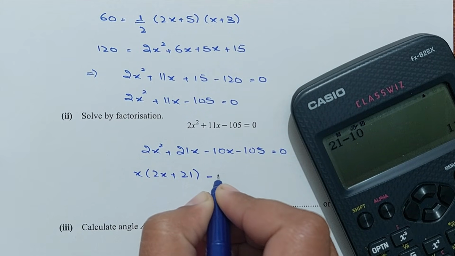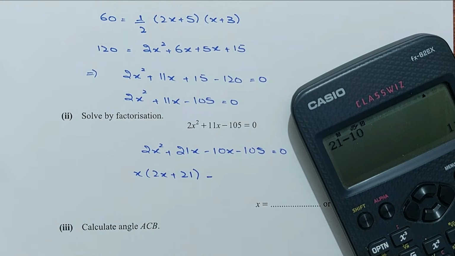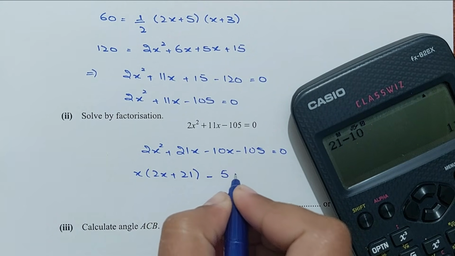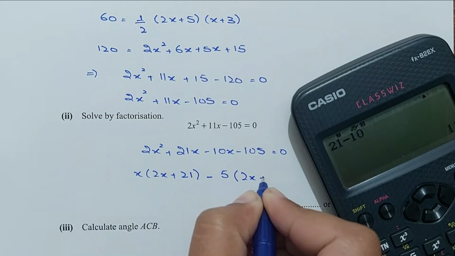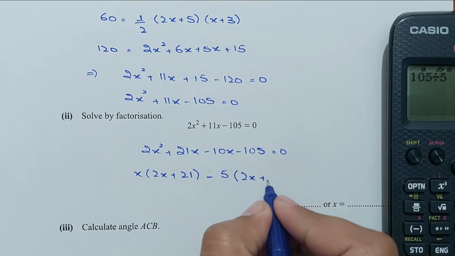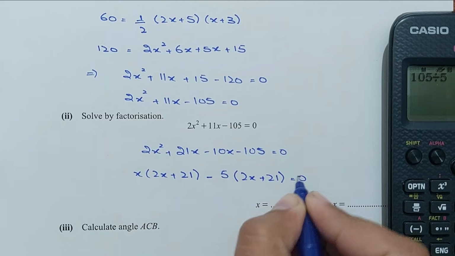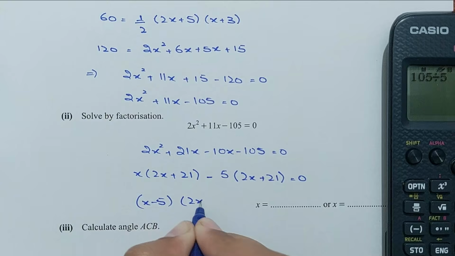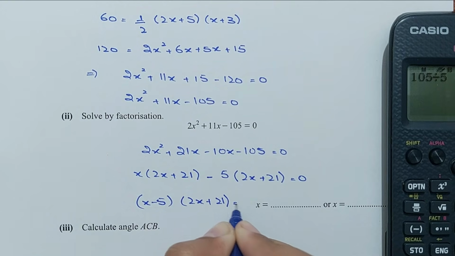Negative, okay, 5 is common, because 5 times 2 is 10. 2x and 105 divided by 5 is 21. So x minus 5 is a factor, and 2x plus 21 equals 0.